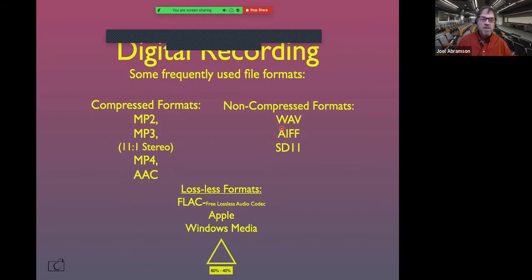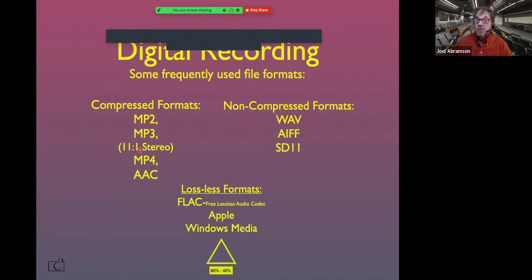So they came up with all these compressed file formats where they figured out a way to take out some of the bits of information. All right, and I've got this one right here, MP3 11:1 stereo. What this means is that for every 11 bits of information from the original file, in your MP3 file you've got 1 bit of information.